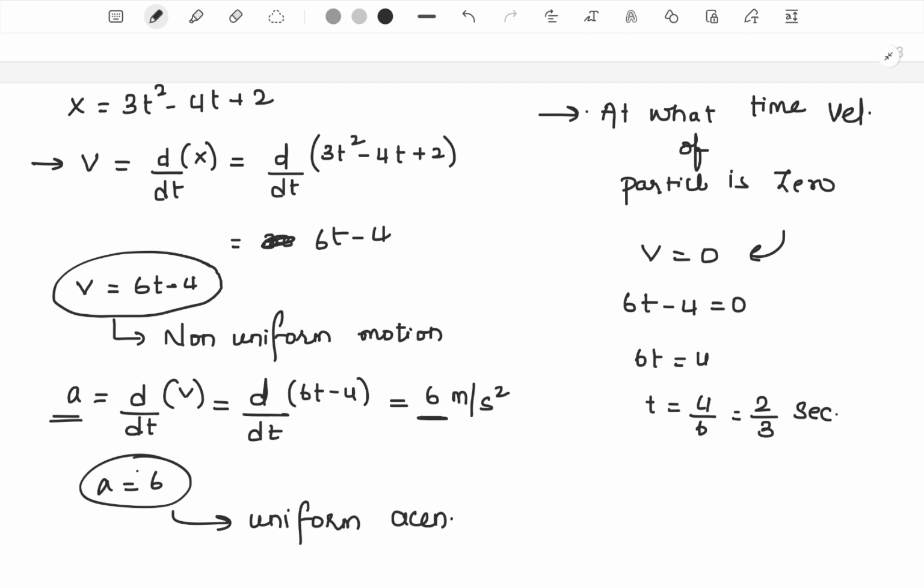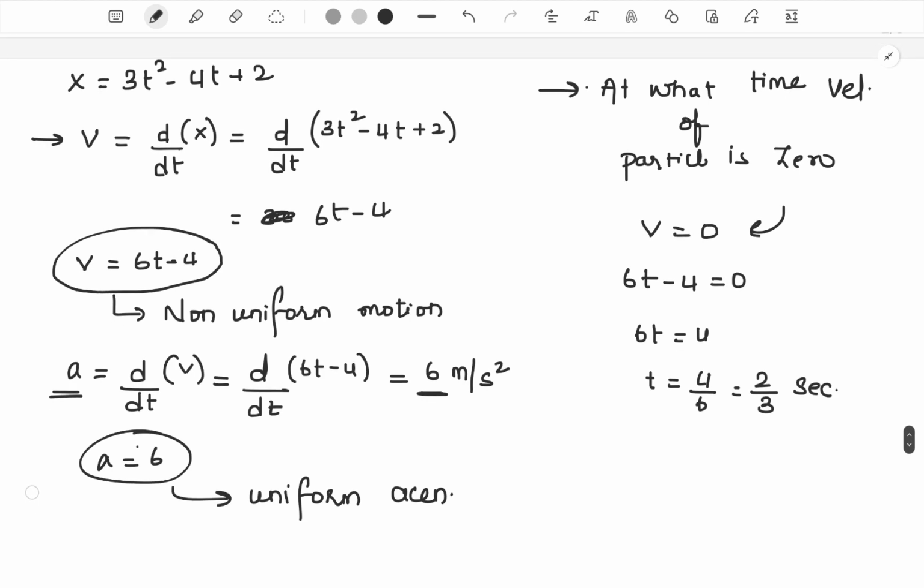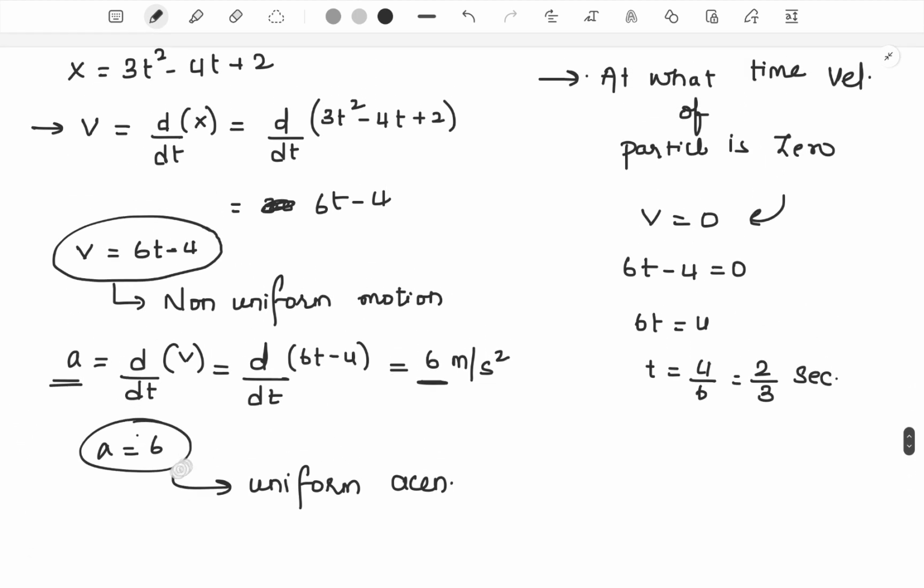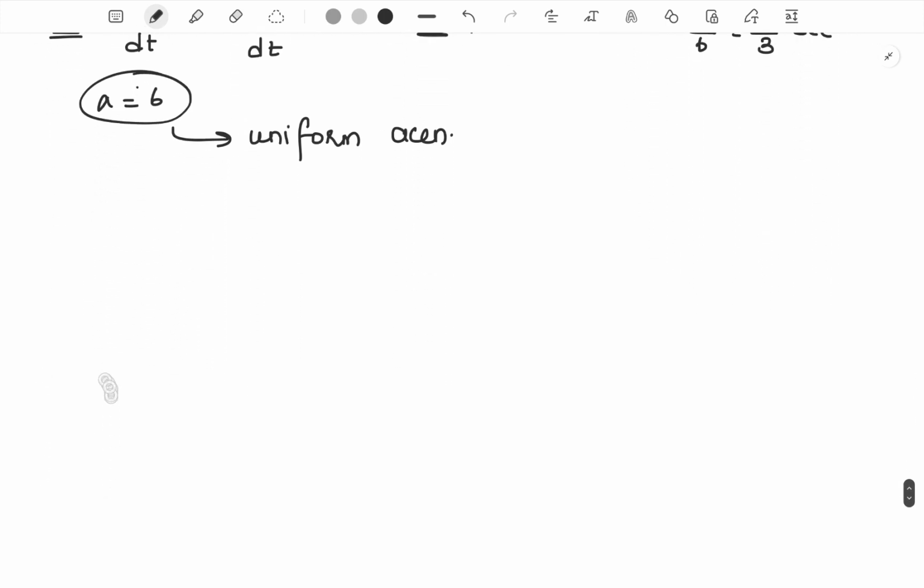Now if you make one proper observation, just observe the velocity properly. Let me scroll down. So we have x is equal to 3t square minus 4t plus 2, velocity is equal to 6t minus 4, and acceleration is equal to 6, and velocity is equal to 0 at t equal to 2 by 3 seconds.